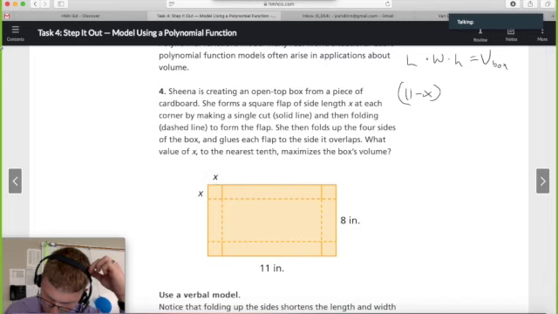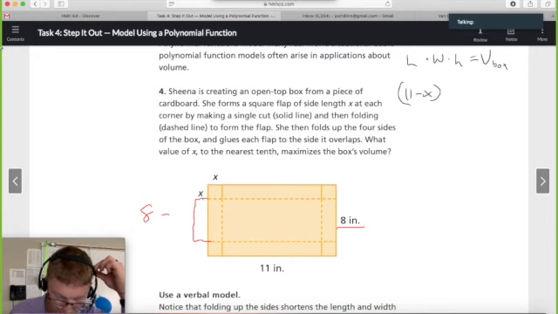Okay, so our width is going to be this part right here, which is not 8 inches. It is 8 inches minus, is it 1x? There's an x here.